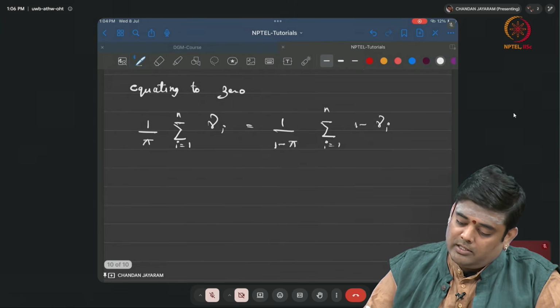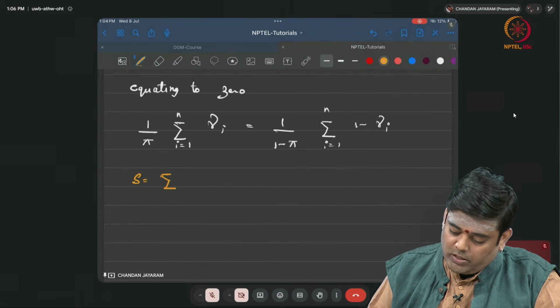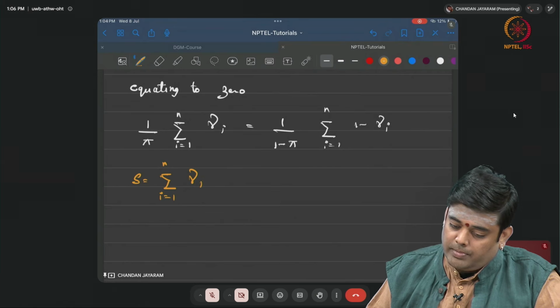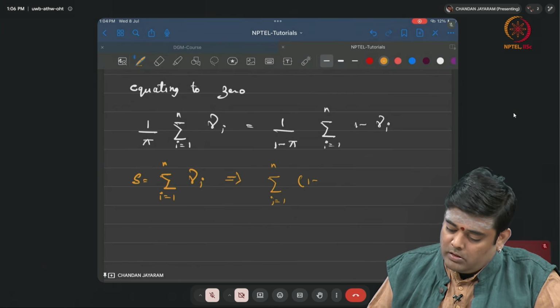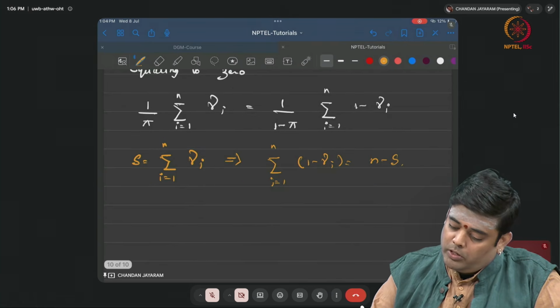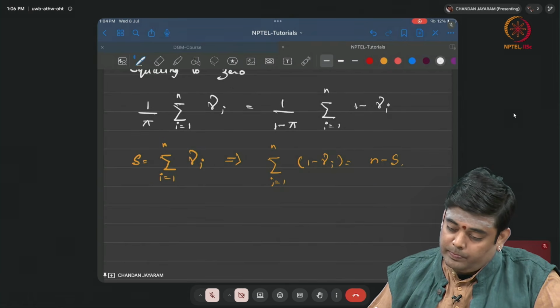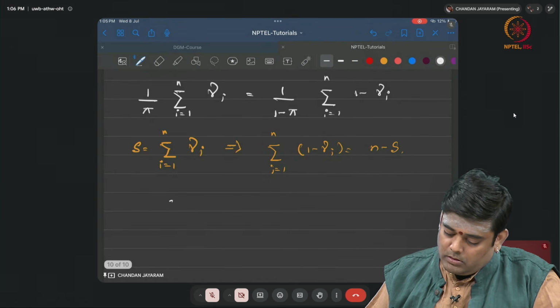So now let us substitute something: s is summation i equals 1 to n of the coefficient. Now this immediately gives that the summation i equals 1 to n of 1 minus the coefficient will be n minus s. Now if you substitute, this will be s by pi equals n minus s by 1 minus pi.